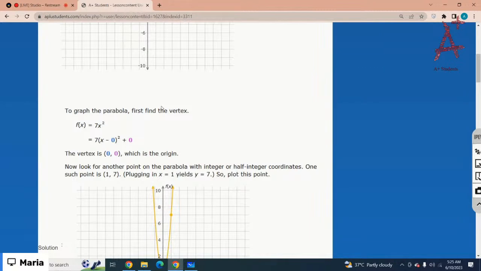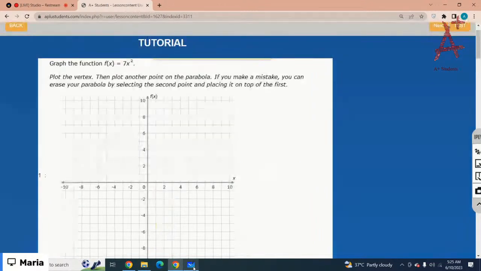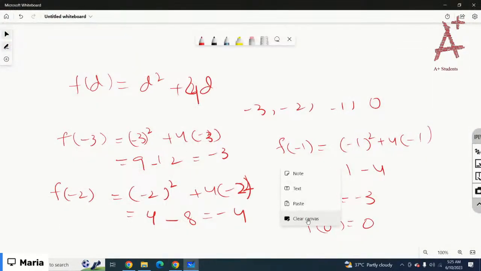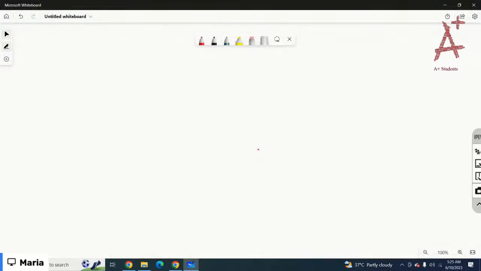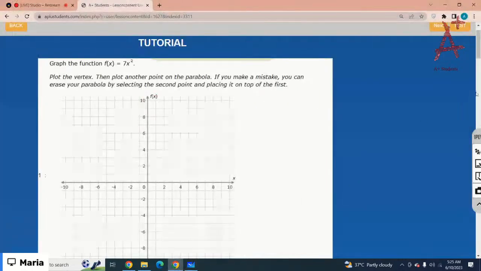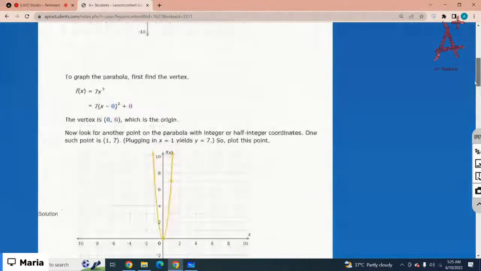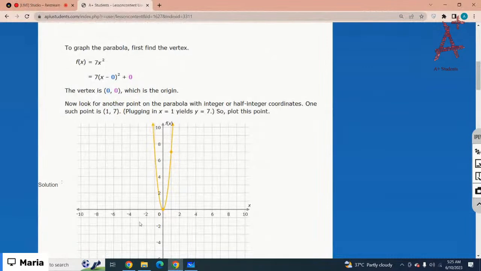So basically the vertex form of the parabola is... I forgot the equation.